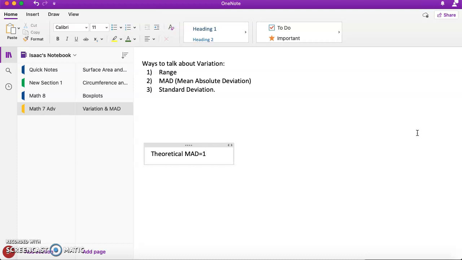Another thing we need to know is what's being measured. So let's say we had ages in a 7th grade classroom, and we had a mean absolute deviation of 1 year.